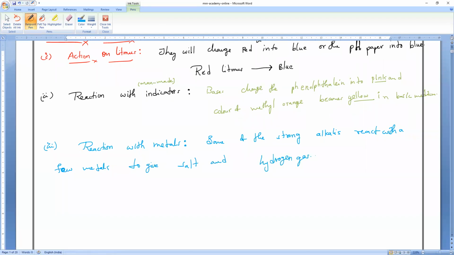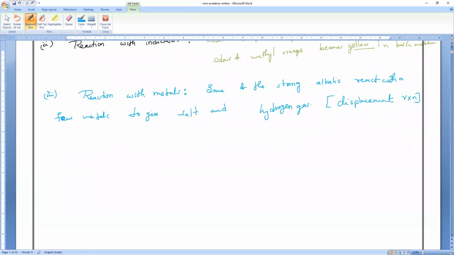These two equations are very important, and these equations are examples of displacement reactions.